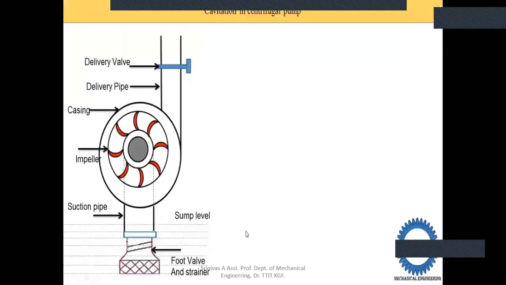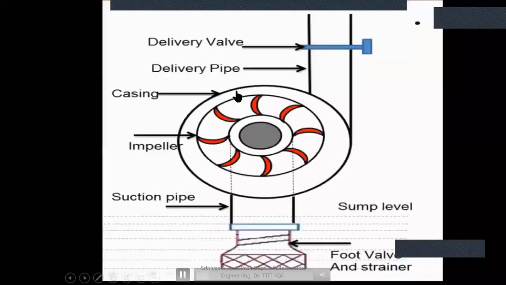The last one is one more concept, that is cavitation. What does cavitation mean? During the operation, a phenomenon takes place at the eye of the impeller. I already told you that when the pump starts rotating with high velocity, water reaches the casing. Because of the high rotation, water enters the casing.